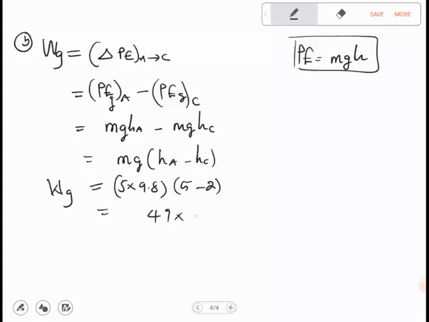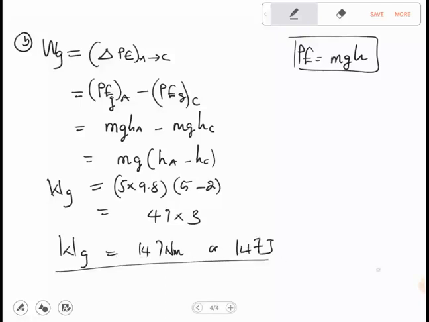This is 49 times 3. So the work done by gravity, which is the net work, is 147 newton meters, or 147 joules.